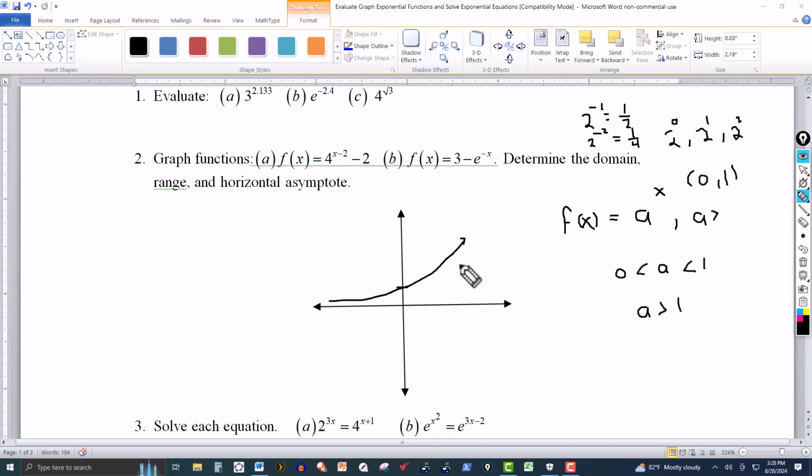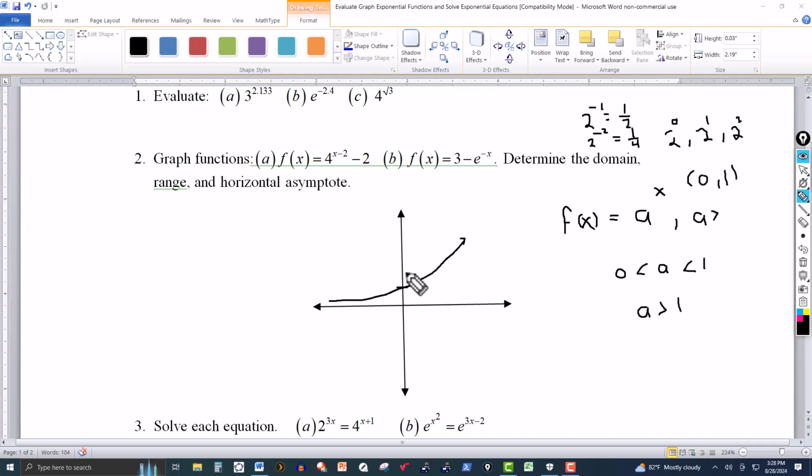That's what the graph looks like. You can see the domain has no restriction. The domain is going to be all real numbers. And the range, well, the y value is going to get close to 0, but it'll never get to 0. So it's going to go from 0 to infinity. That's the range.